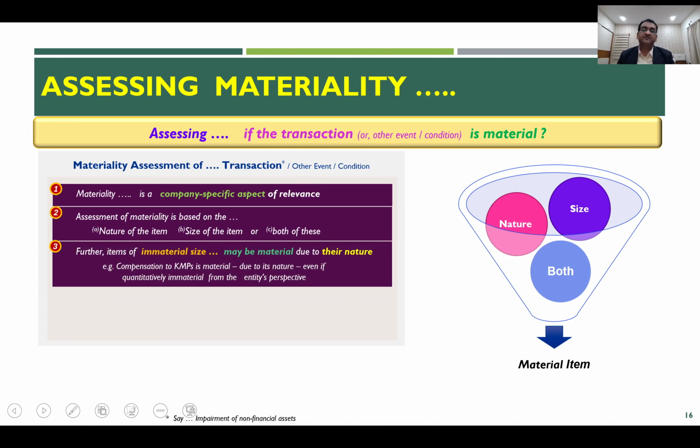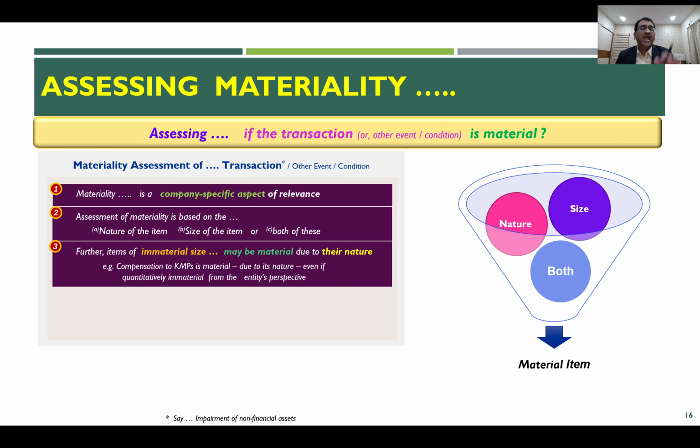Also, you have to understand that certain items, even if they are immaterial in size, the standard tells you they may be considered material because of their very nature.